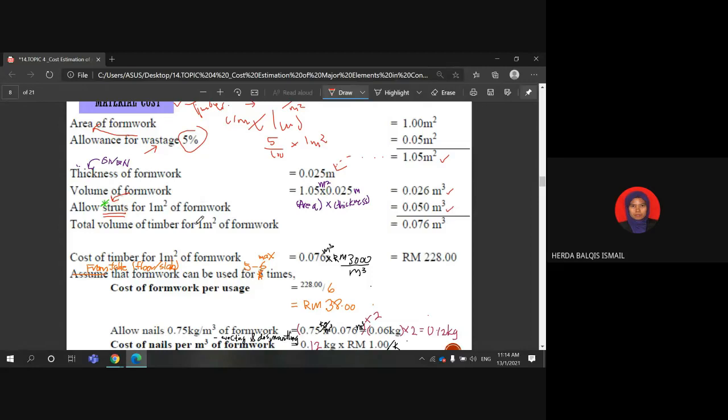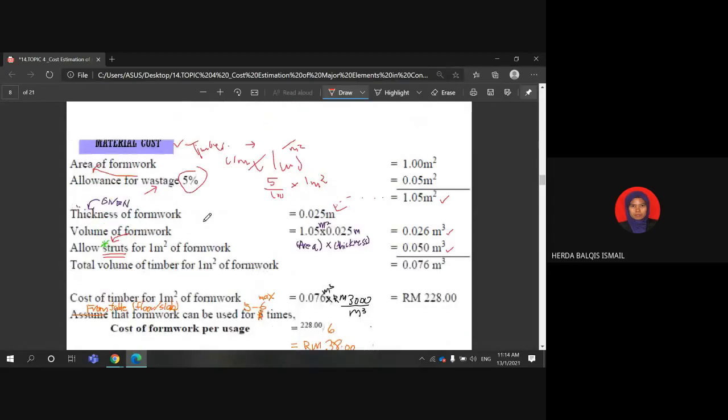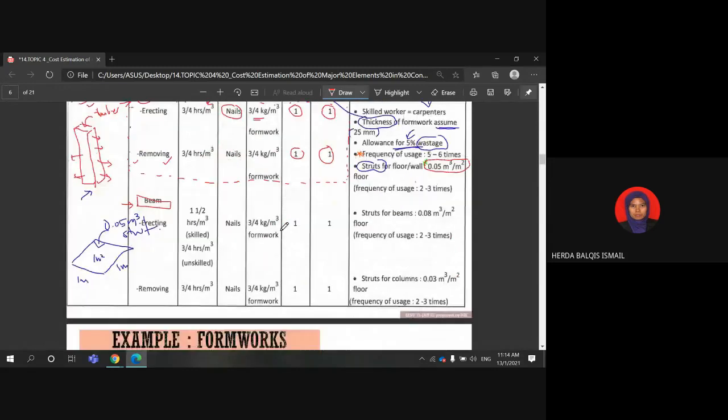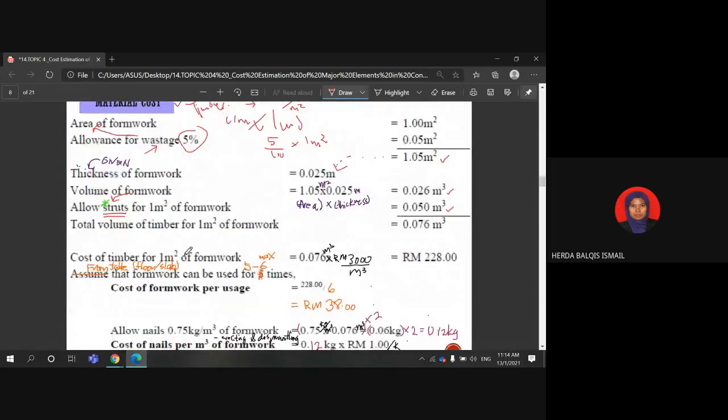So we refer to the table for the strut. Right, this one. So we take this value and we proceed with the calculation.